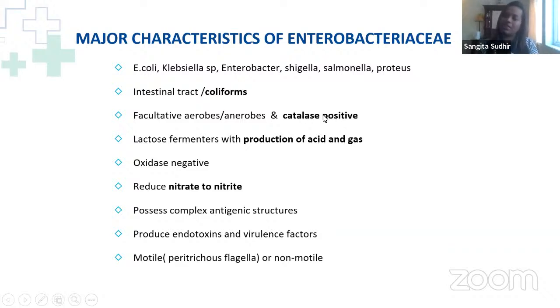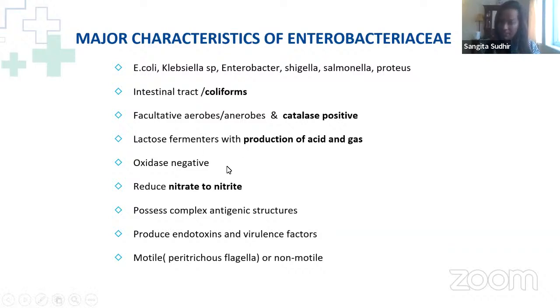These GNB are catalase positive, and we identify this through the catalase test, which is characterized by the production of bubbles in the medium. And next, mostly these are carbohydrate fermenters, and they produce acid and gas.